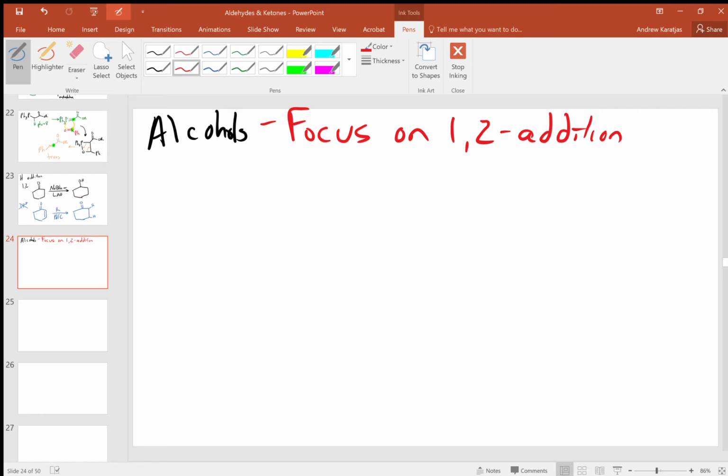the 1,2 addition. And in the case of an aldehyde or ketone, again, doesn't matter which one we're using here, we do this in the presence of an acid catalyst. We actually have a couple different products that we can form.